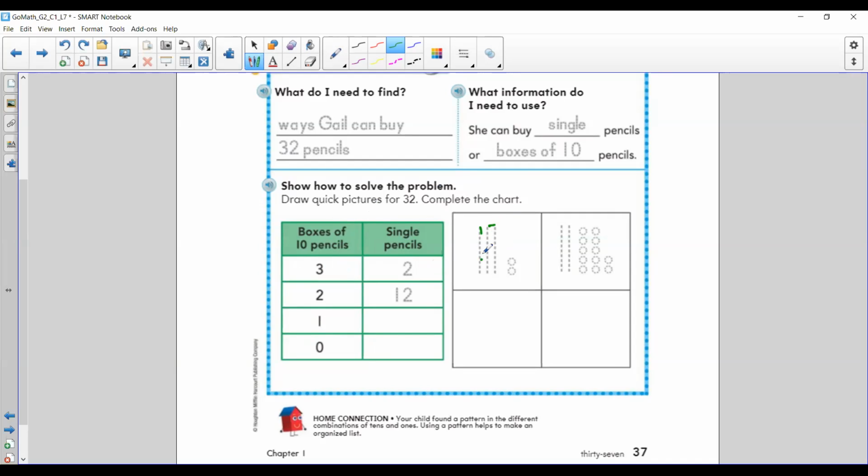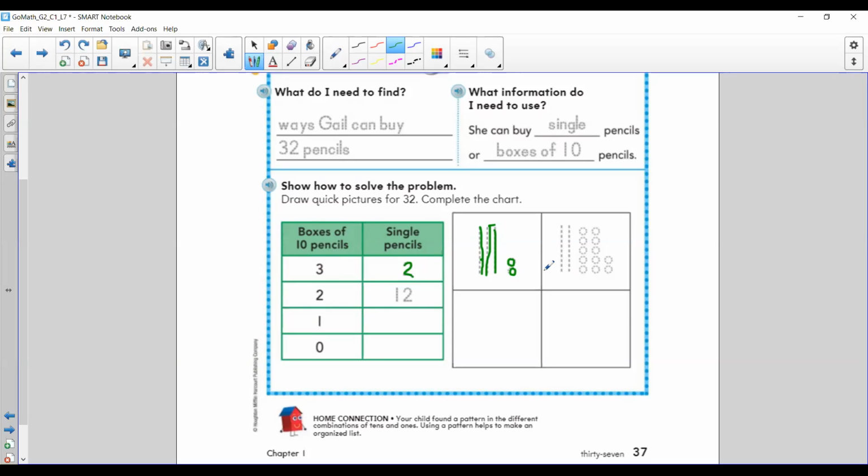So we can just trace these 1, 2, 3. And so that's 3 tens or 3 boxes of 10, and then 2 singles, which would be 2 ones. And we know that 3 tens and 2 ones equals 32.